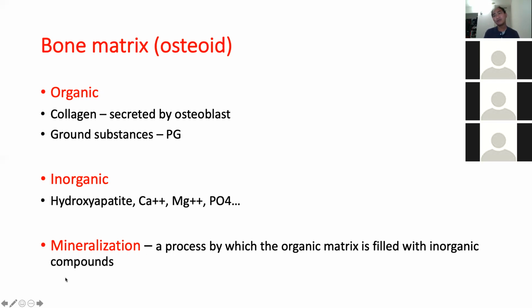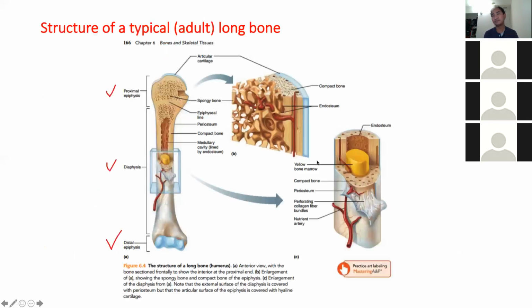Okay, so you guys know mineralization. So now let's get the bone here. This is the cross section inside the medullary canal. We can see the yellow medulla, and we can see the blue articular cartilage here. We can see the compact bone, which is made of osteons.